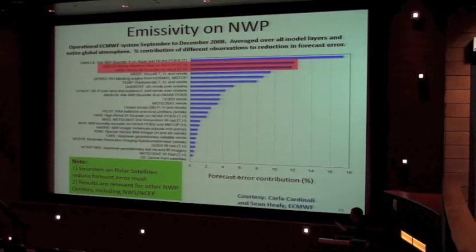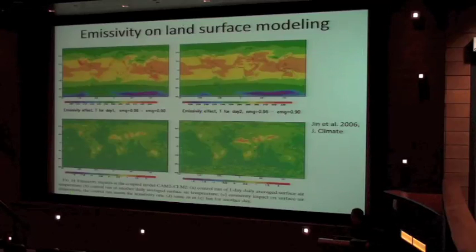And actually, there's better news. A very small percentage of IASI and AIRS radiances are assimilated. So why is this better news? Because just imagine how the weather forecast would be if we were able to assimilate the window channel radiances. And one big problem there is the emissivity.